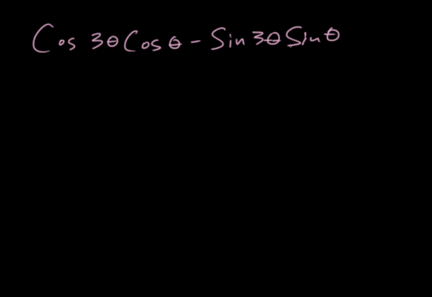Next one, we have cosine 3 theta, cosine theta minus sine 3 theta, sine theta. All right, so since we have cosine, cosine, sine, sine, we want to find the compound identity that does that, and it's going to be this one.